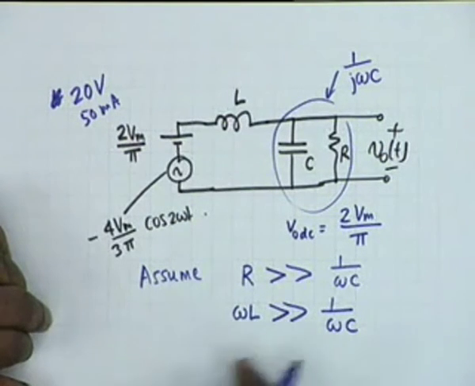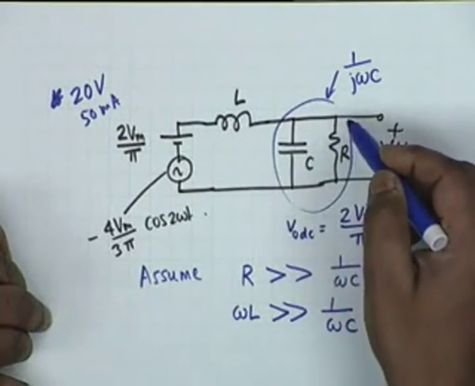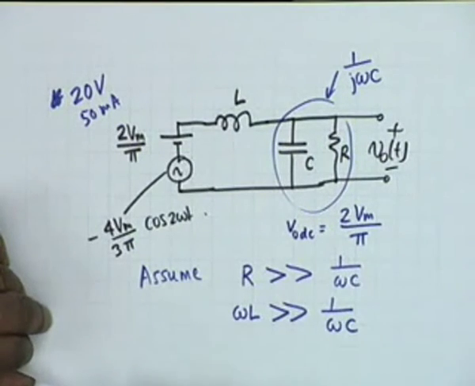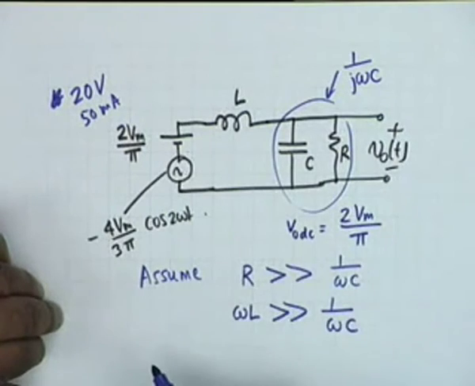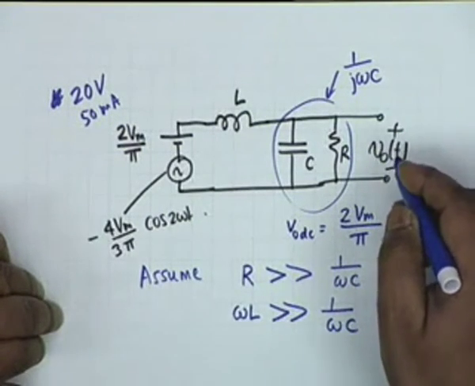For good filtering, the impedance of the inductor should dominate over the impedance of the capacitor, alright.